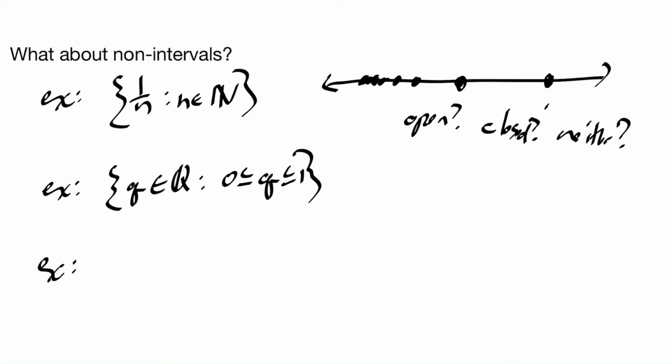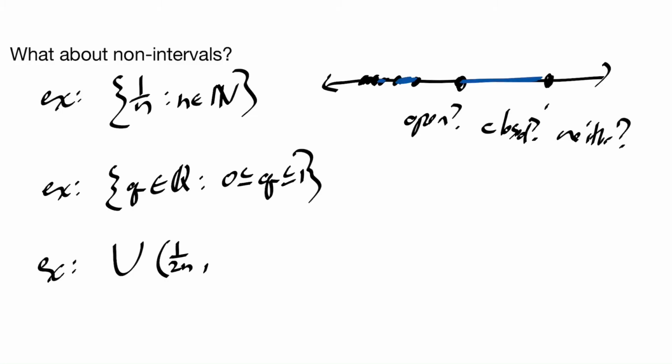And now what if we do something really strange? Maybe this isn't super strange. What if we take all of the regions in between these two points? So the region between that point and that point, and the region between that point and that point. And so instead of writing it as a set, let's write it as a union.